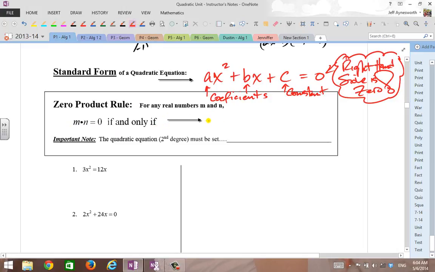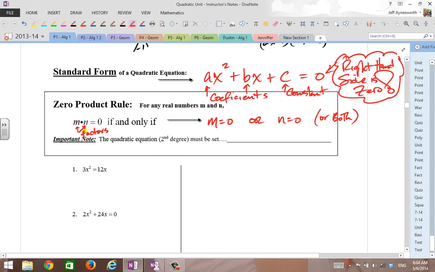So either m, this first factor, these are called factors, has to be equal to 0, or n equals 0, or both. They may both be equal to 0.